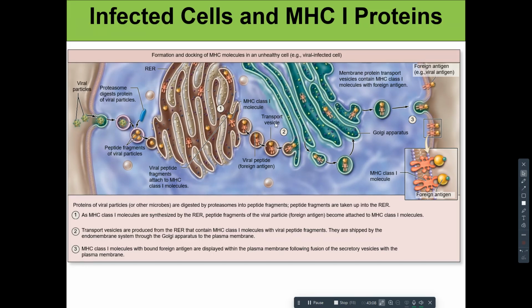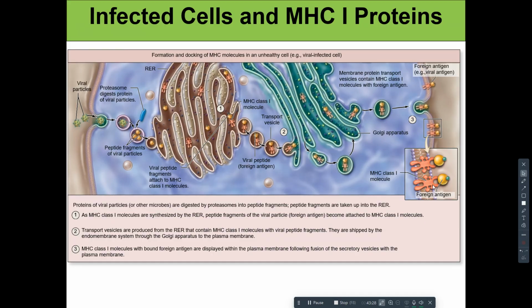So here is a cell that was infected with a virus. We know viruses try to take over, they try to hijack the cell's machinery to make more viruses. Well, if the cell has become infected, it's going to start making viral proteins.